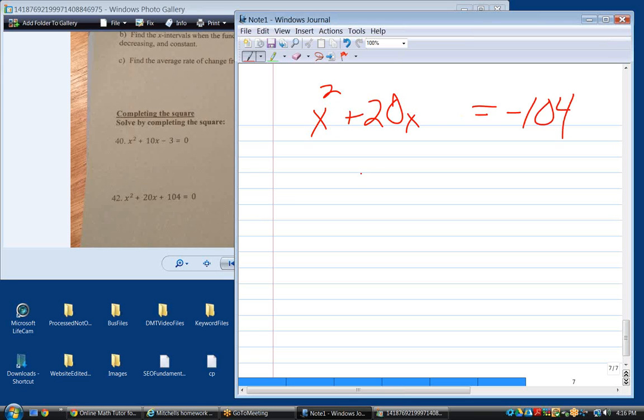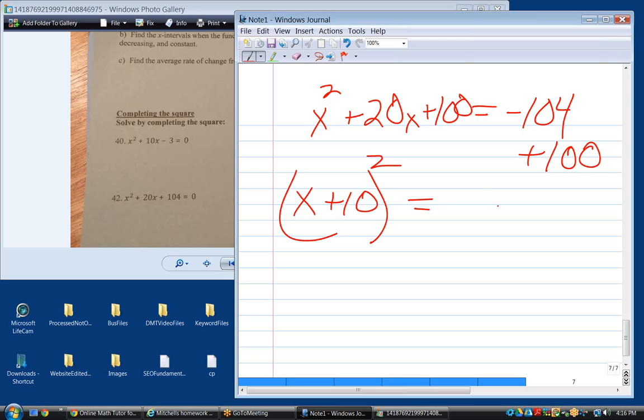And that'd be x squared plus 20x plus 100. Then 100. And then x plus 10 squared equals negative 4.